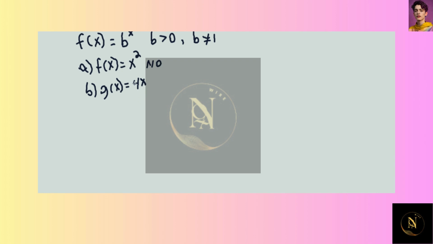No. You could write this as 4x to the 1 if you want. This is a power function, a linear function. Is your variable in the exponent? No. So this is not an exponential function. How about the next one?